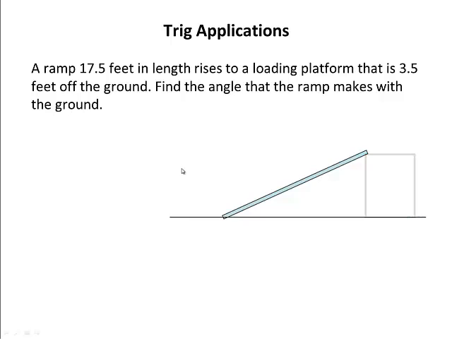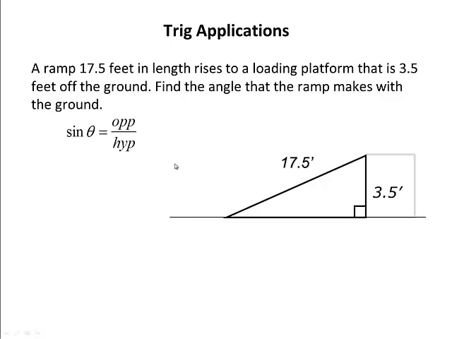So here is my triangle, and the ramp is 17.5 feet long, and the height of the platform is 3.5 feet. We're trying to find the angle to the ground, which is this angle in here. Sine of the angle that we're trying to find is opposite over hypotenuse.